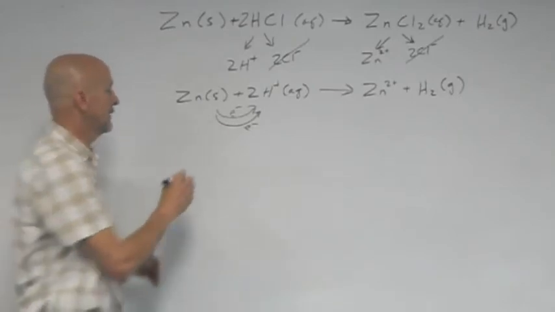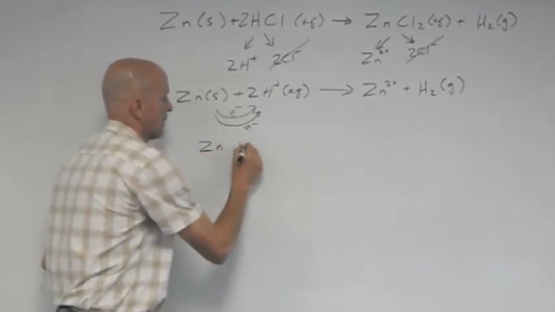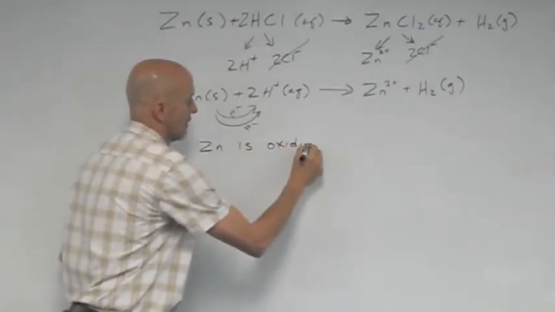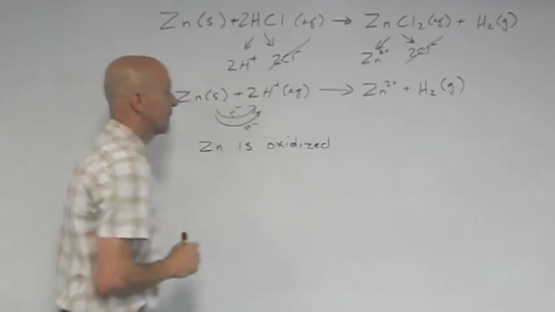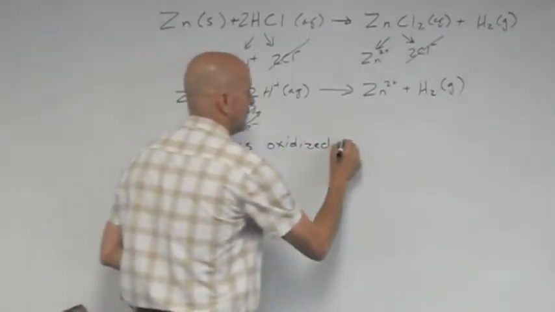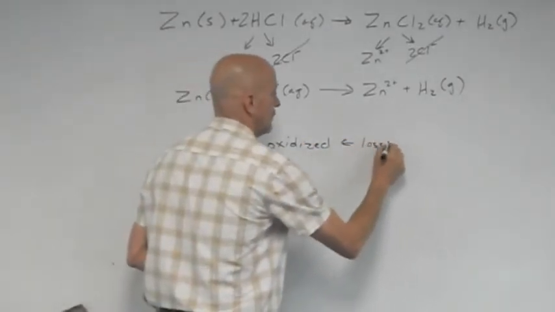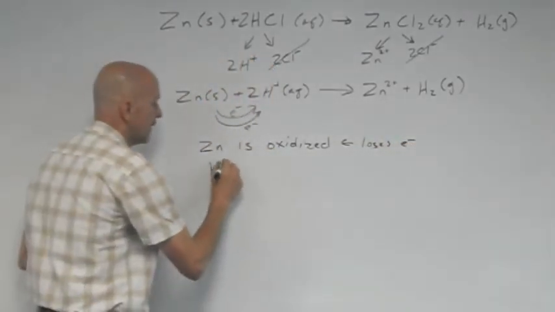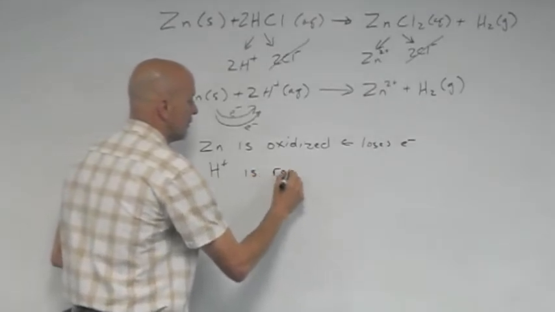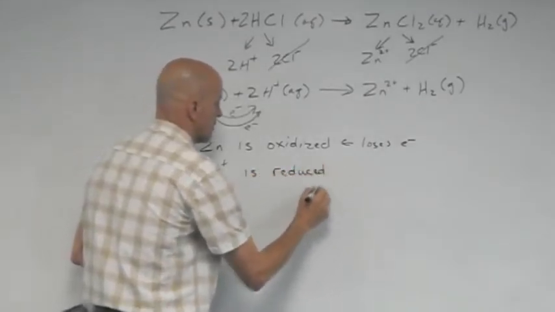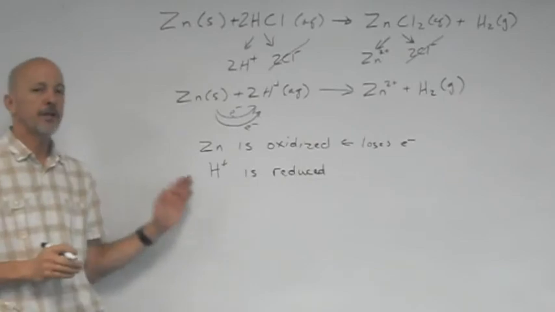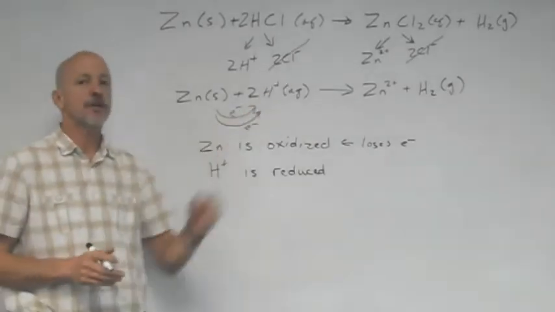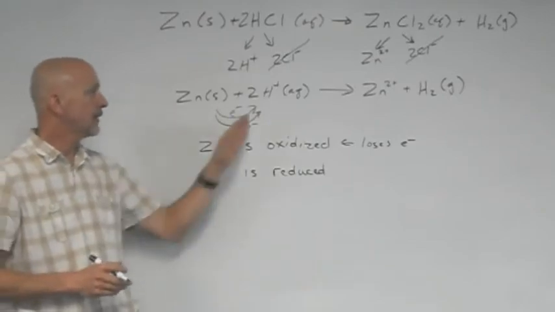And so zinc is oxidized, meaning it loses electrons, and hydrogen, the hydrogen ion, is reduced. So some reactions involving metals and acids are actually this kind of thing. Electrons are transferring from the metal to the acid.